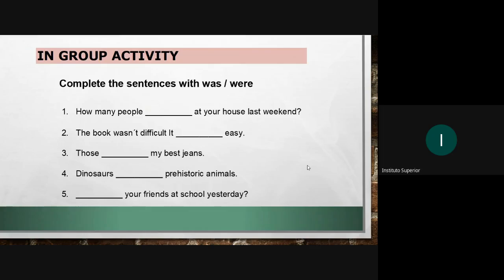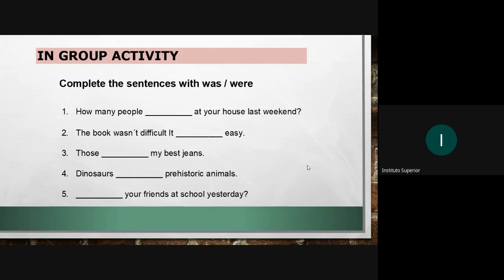Number 4. Plural. Dinosaurs. Was or were? Number 4. These were. Uh-huh. Would you please read the whole sentence for us?